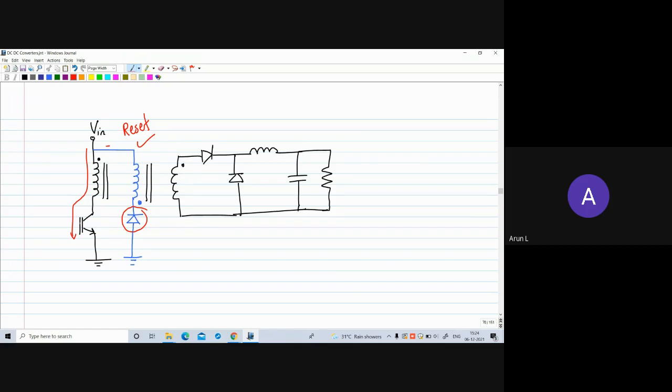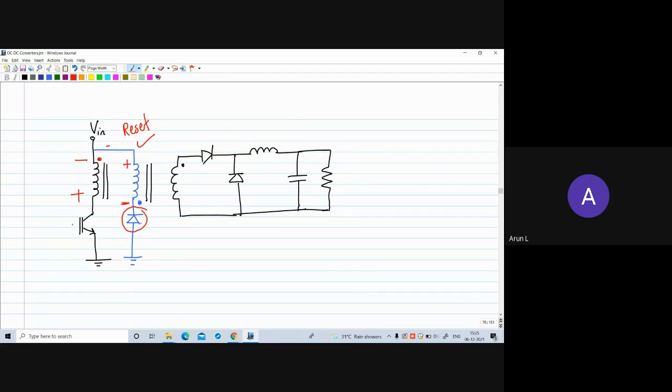The moment you open the switch, what happens? The voltage across this inductance will reverse. This end will become negative and the bottom end will become positive. So this dot end becomes negative and this non-dot end becomes positive.